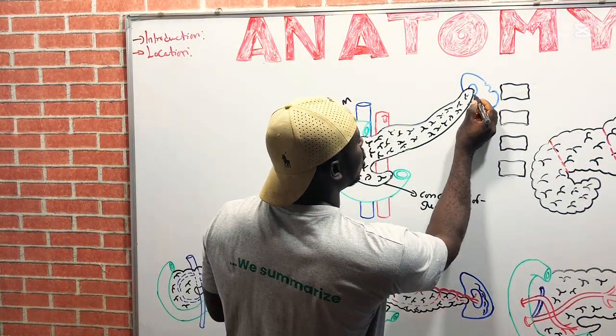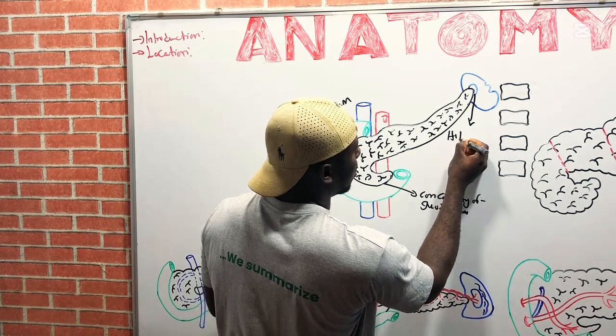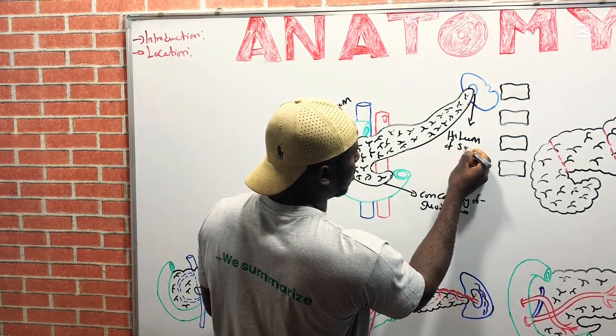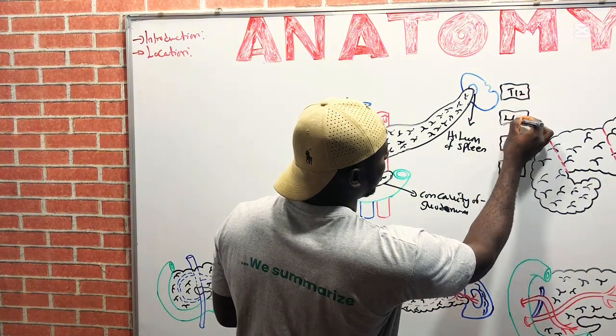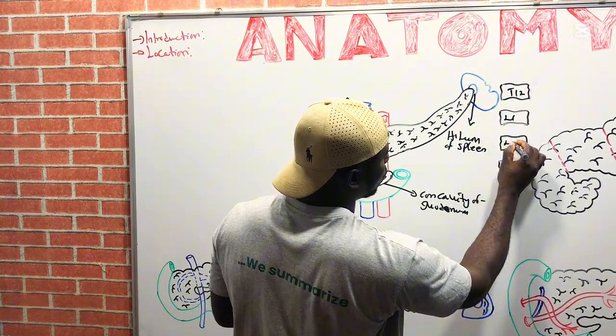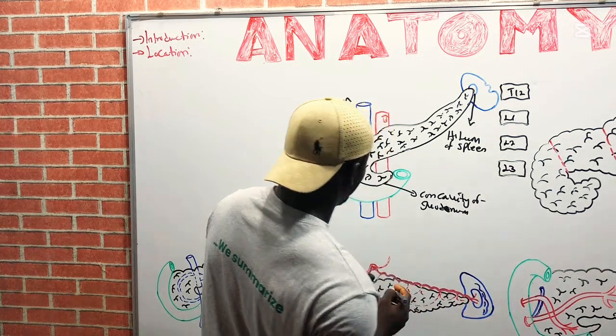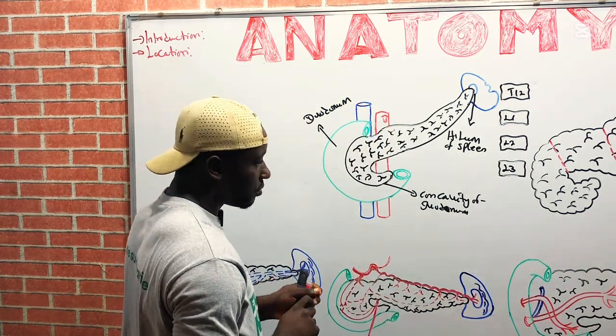So this is the hilum of the spleen. This is T12, L1, L2, and L3, right?